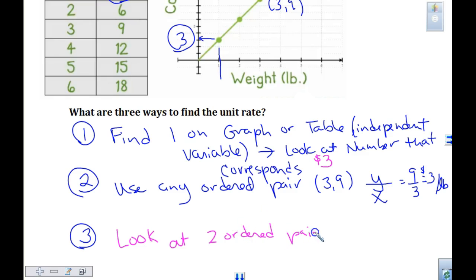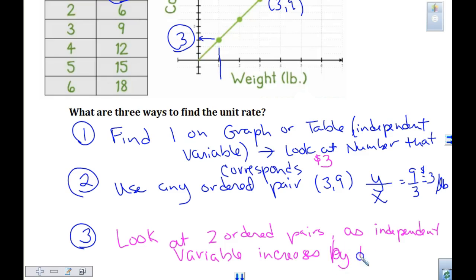And when we look at those 2 ordered pairs, what we're trying to see is, as the independent variable increases by 1, how does the dependent variable change?